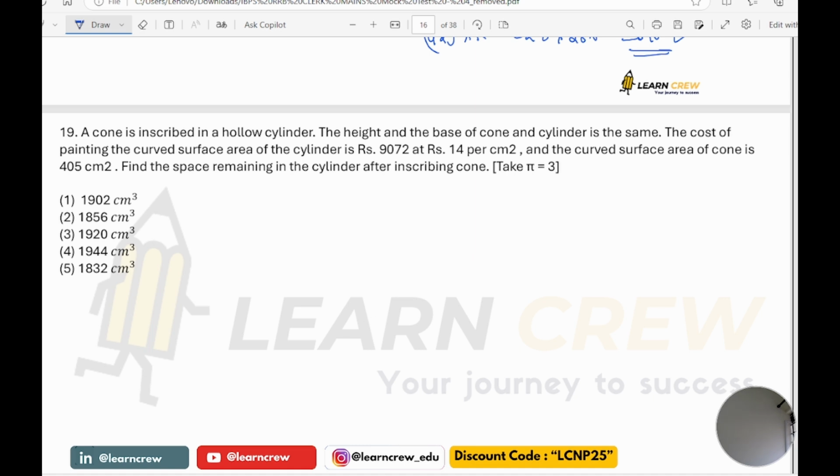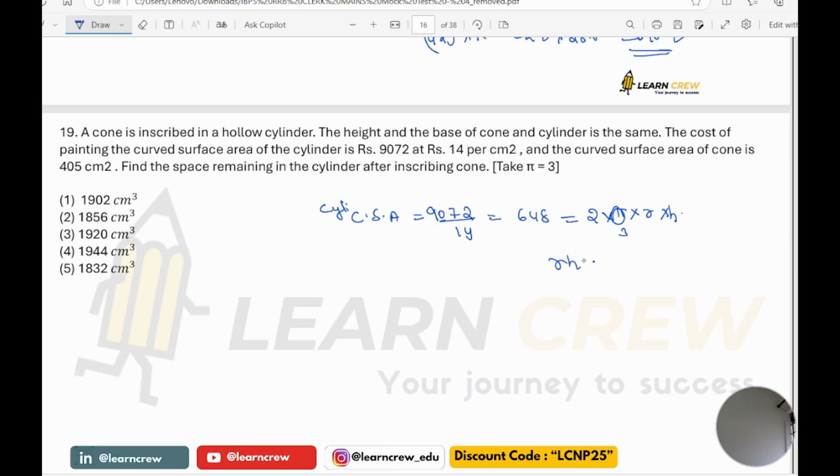So here the cost is 9072 at 14, which means the curved surface area of the cylinder would be 9072 divided by 14, which is equal to 648 centimeters square. This 648 is nothing but 2 pi r h. Pi is taken as 3, so 2 into 3 is 6.